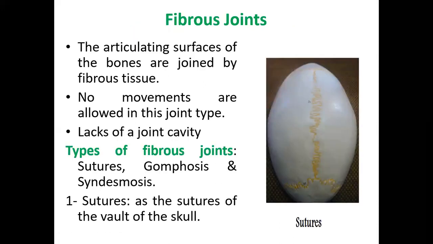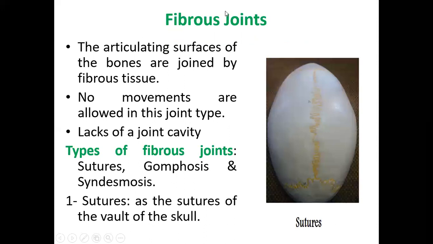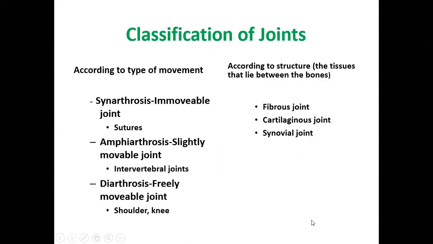Now, depending on the structure, we'll talk about the types of joint, that is the fibrous joint, cartilaginous joint, and synovial joint. The fibrous joint, this is the fibrous joint here. The best example, as I said before, of a fibrous joint is sutures.